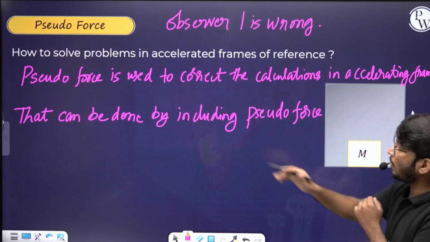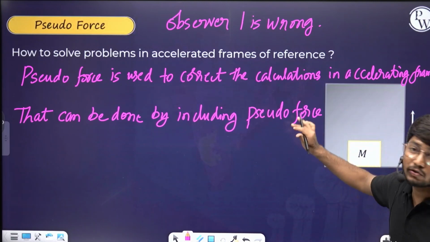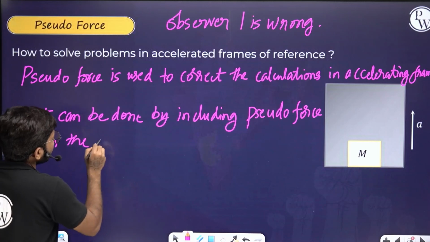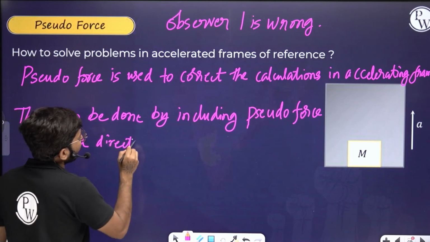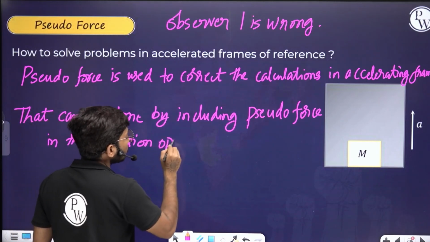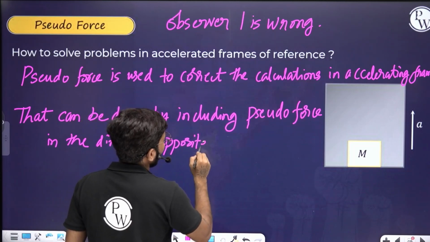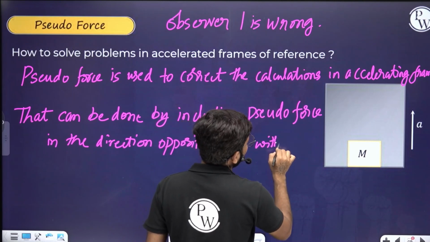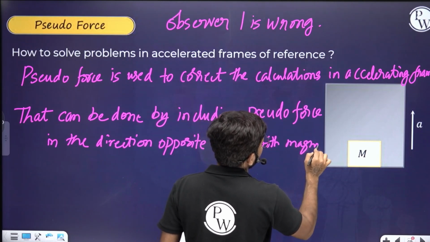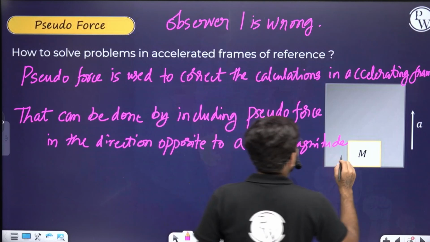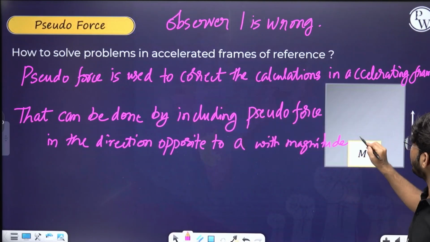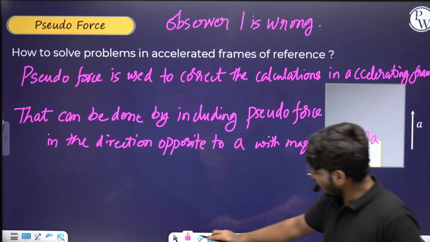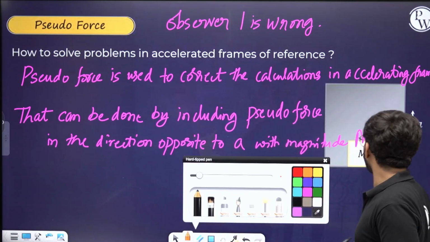To make the problem correct, that can be done by including the pseudo force in the direction opposite to acceleration, with magnitude m into a. So in this kind of condition, we have to consider the pseudo force.